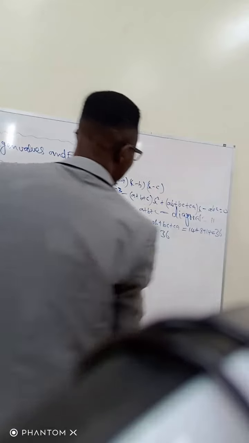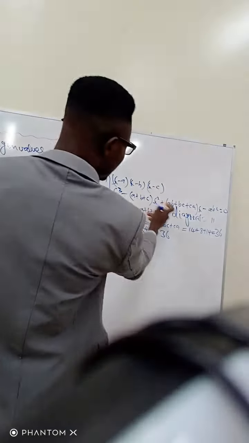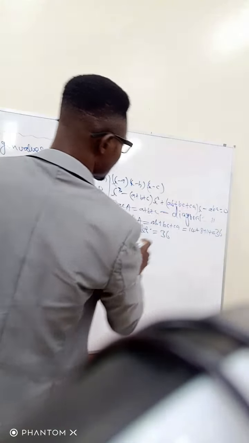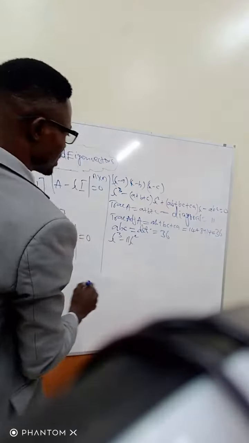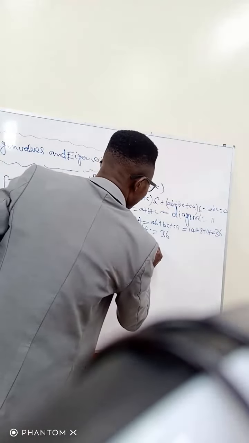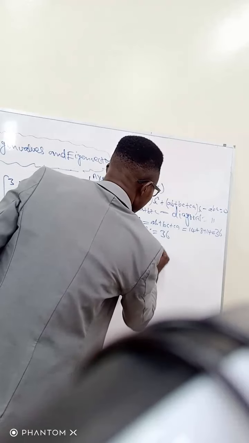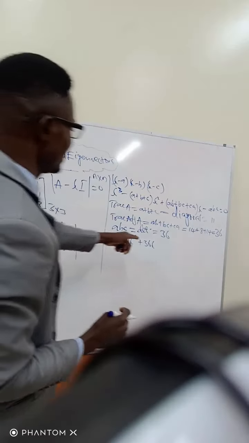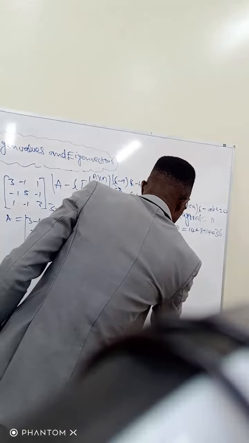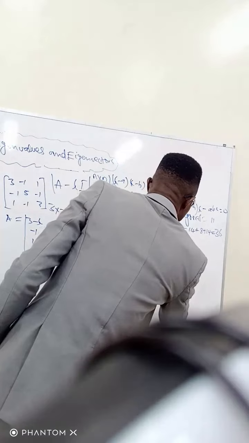And we have plus ab plus bc plus ca, which is the adjoint trace, 36. So it is plus 36 lambda. Then the determinant is also 36, but it is minus 36, and this is equal to 0.